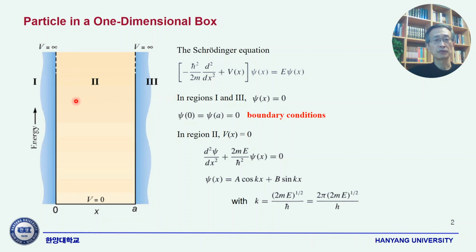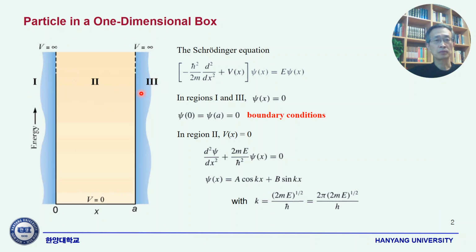We define the potential for such a box by dividing the region into three parts, since this is a one-dimensional problem: outside on the left-hand side, region 1; on the right-hand side, region 3; and inside, region 2.